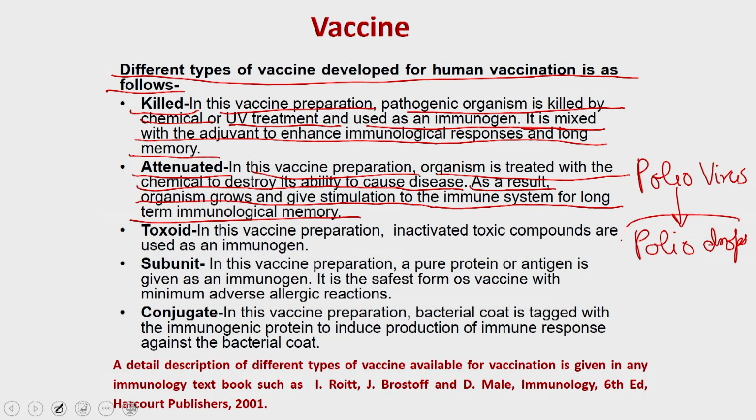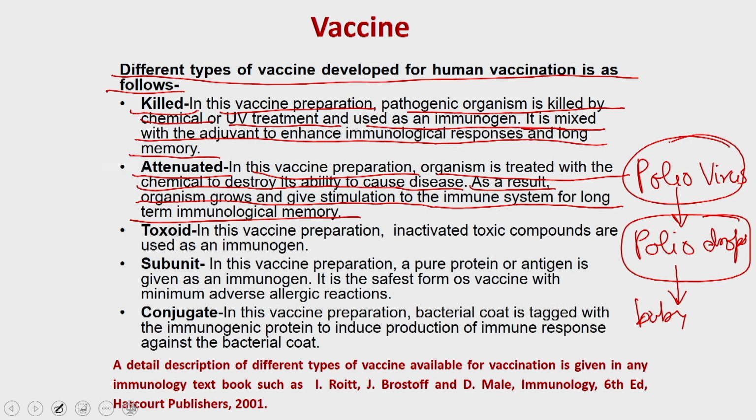So, once you give the polio drops to the baby, this particular virus replicates in its gut. It remains in the system for a very long time, but because this virus is attenuated, it cannot cause the disease.